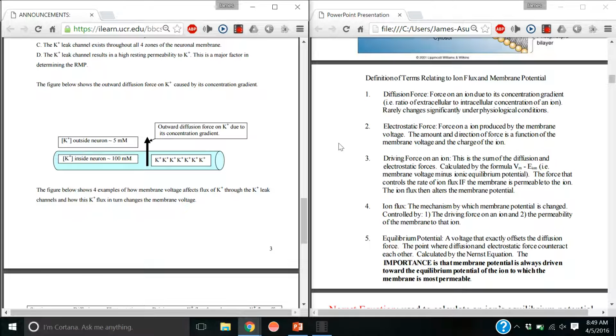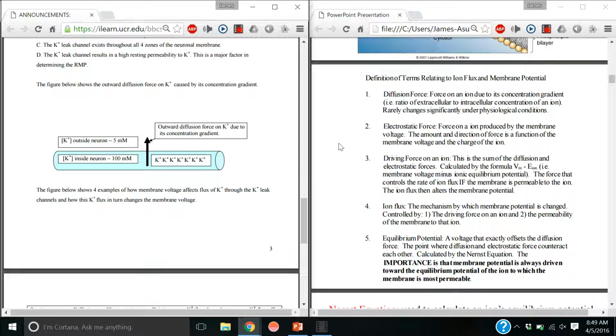The concentration of potassium is much higher inside the neuron than outside the neuron. Typical values of potassium intracellularly are 100 millimoles versus 5 millimoles outside, so a 1:20 ratio being the concentration difference.